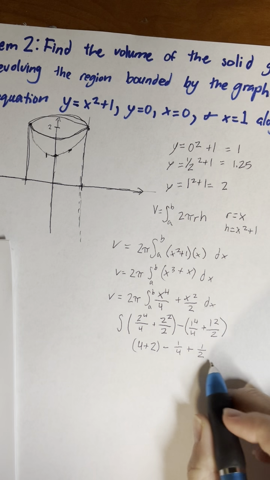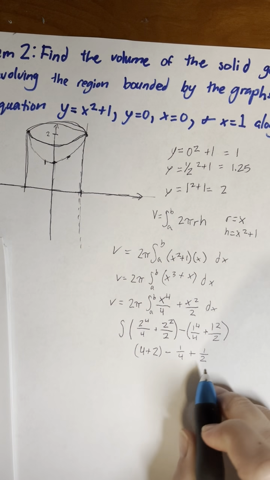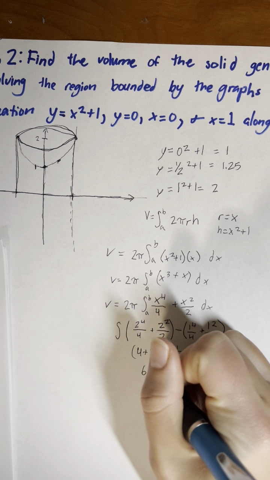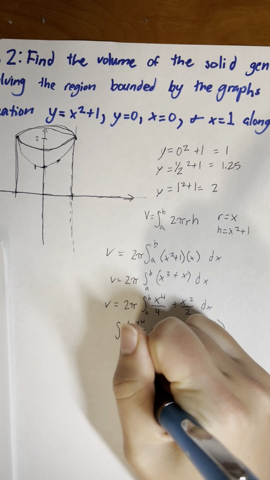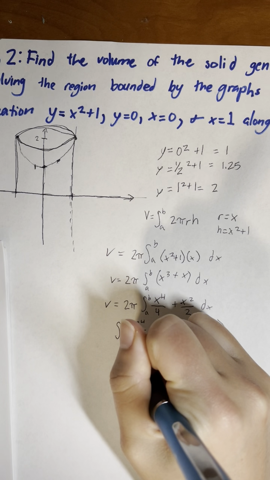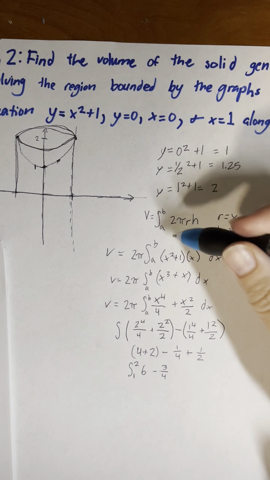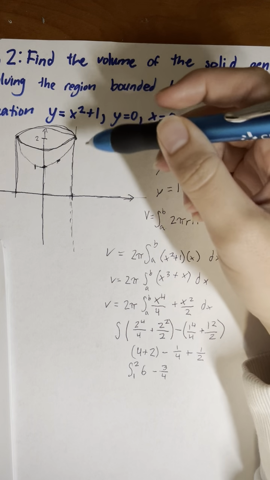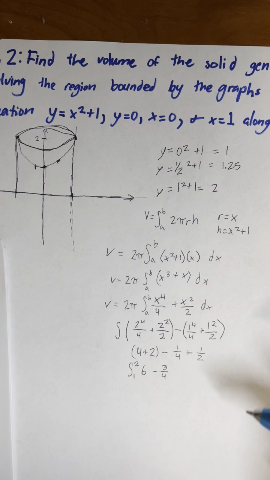We can simplify this even more, making the denominator the same, and we'll get 6 minus 3/4. Oh yes, and we get a to be 1 and b to be 2 for our limits.